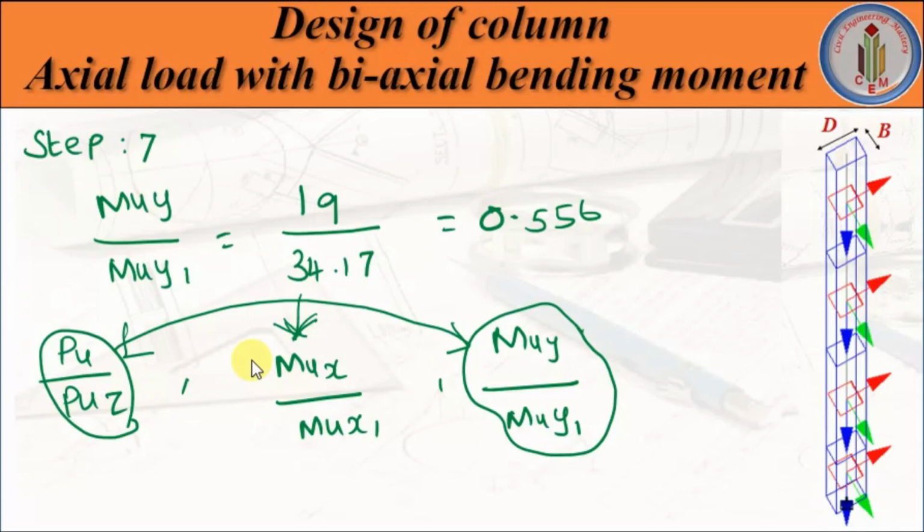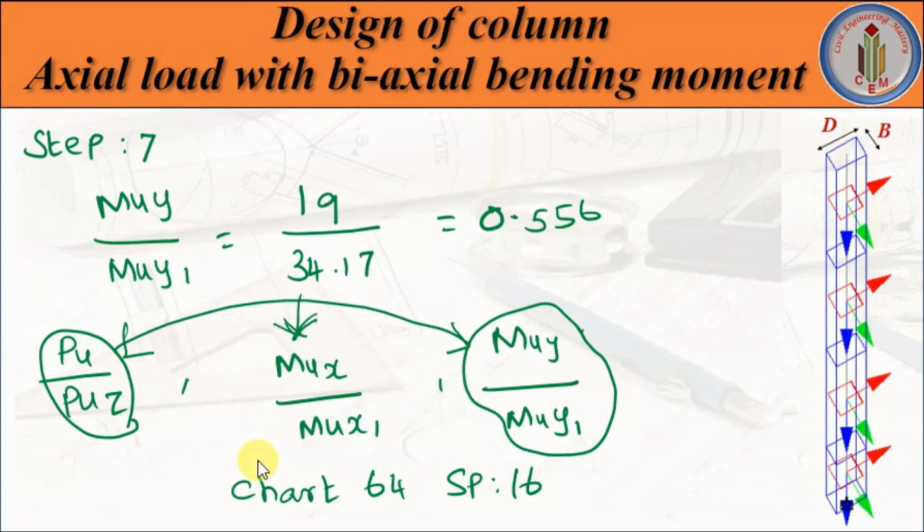This we need to find out from chart number 64, chart 64 from SP16. We find this because we need to cross check it with the MUX by MUX1 whatever we have calculated.